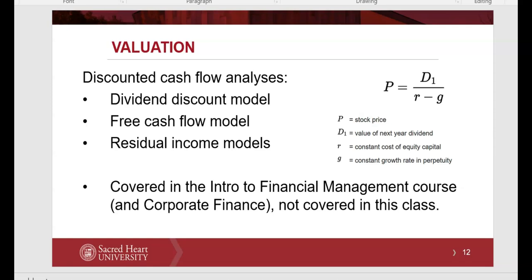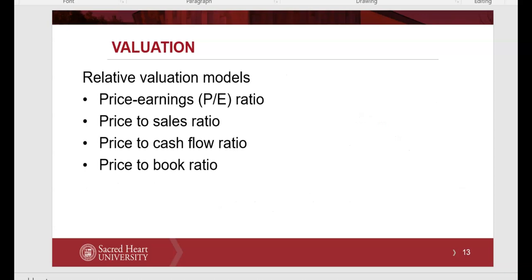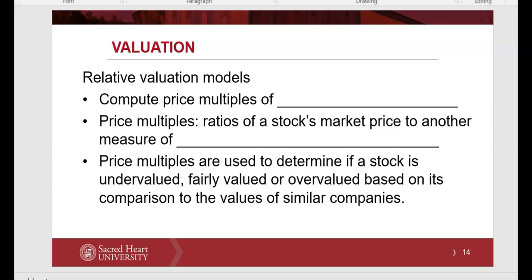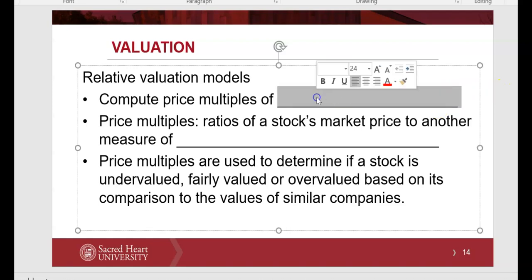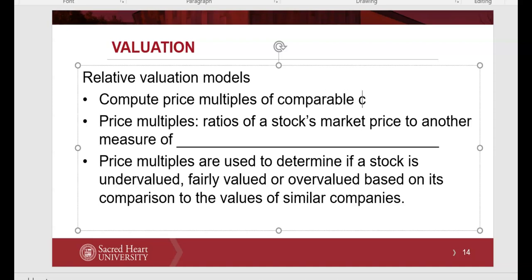Here are the 4 topics we're going to cover: relative valuation models, PE ratios, price to sales, price to cash flows, and price to book ratio. Our measures are all relative valuation models. We're going to compute price multiples of comparable companies.